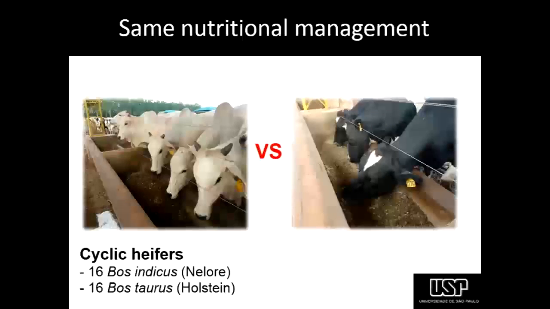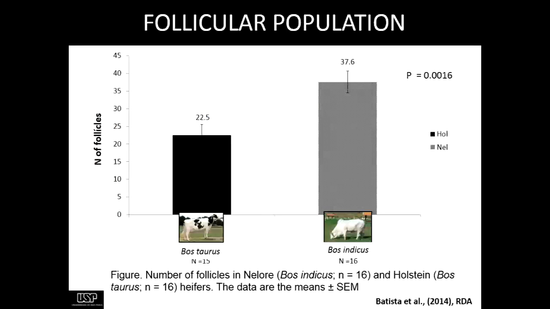Here at São Paulo University, the same food, same nutrition, same age, 2 years, and the same cyclicity, all cycling. So what we did, we measured the number of follicles, we synchronized, and measured 22 in Holstein and 37 in Bos indicus, as we expected.